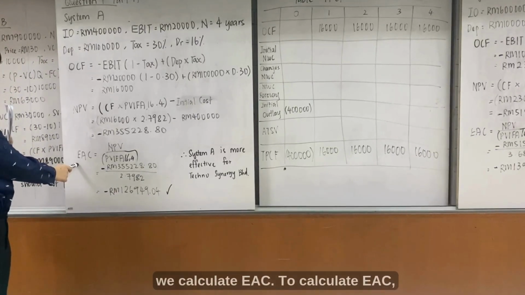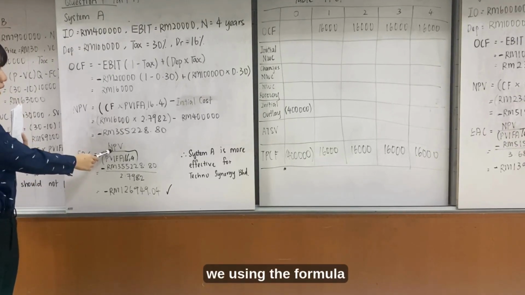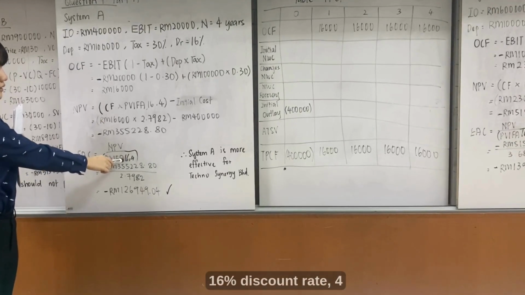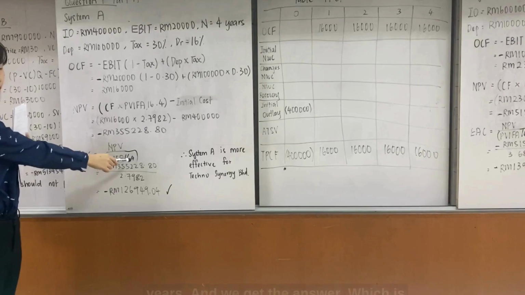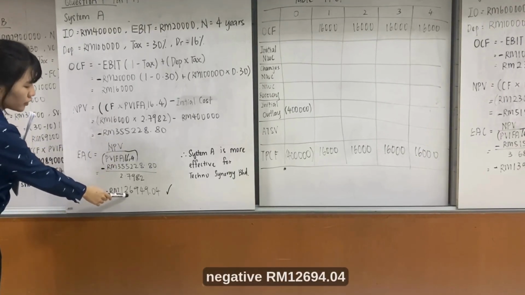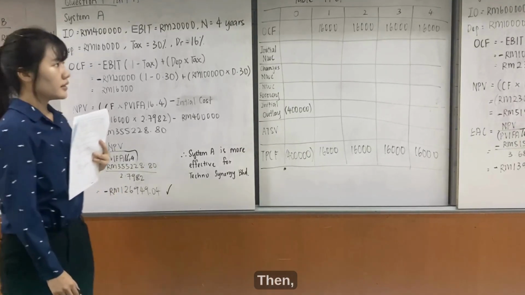Then we calculate EAC. To calculate EAC, we use the formula NPV over PVIFA (16% discount rate, 4 years), and we get the answer, which is negative RM 126,949.04.